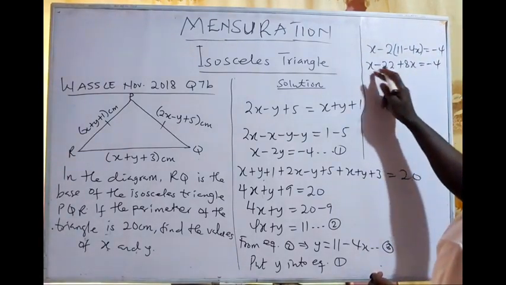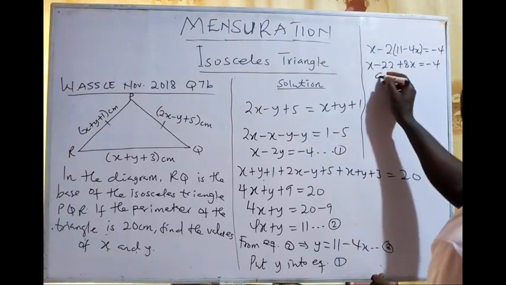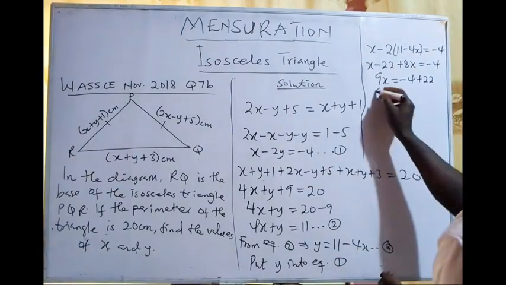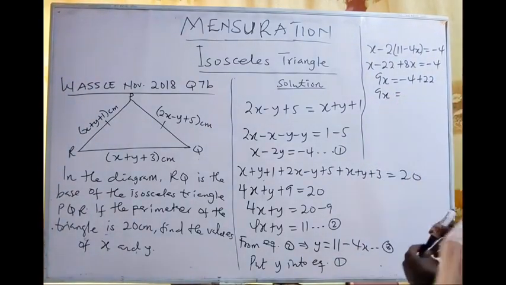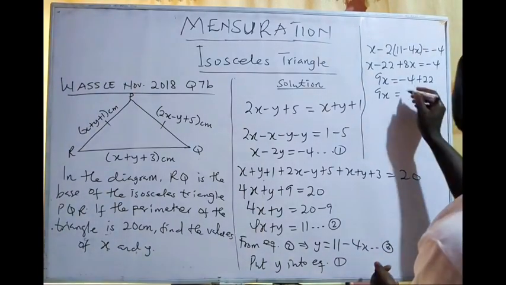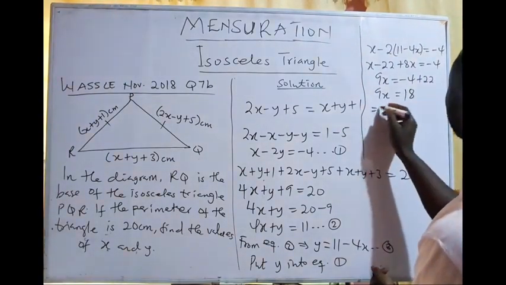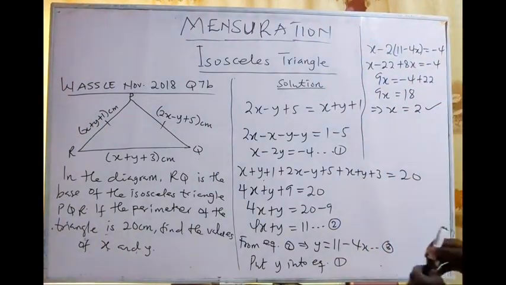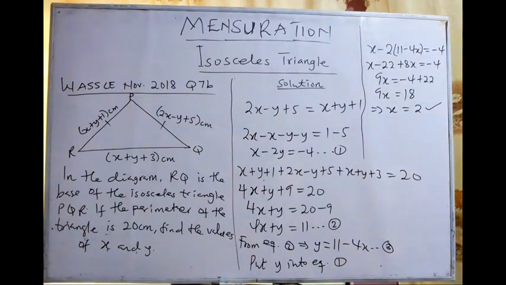So I'll have x plus 8x will give me 9x equal to minus 4 plus 22. And what will be minus 4 plus 22? That will give me 18. Positive 18. So therefore, my x is 18 over 9, which will give me 2. So my x is 2.